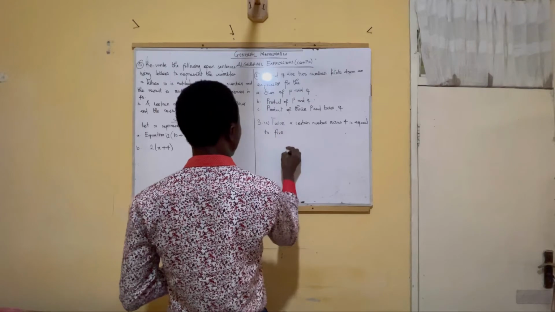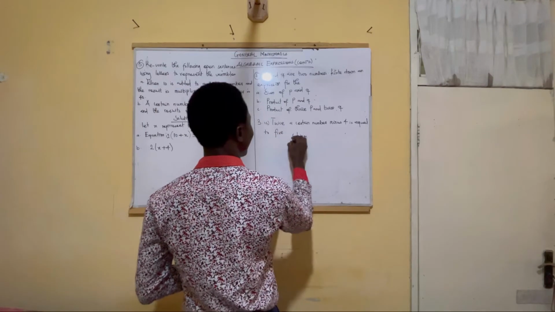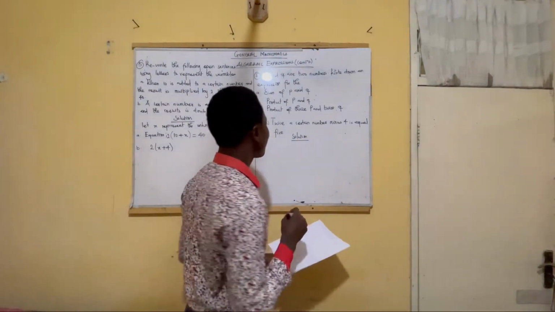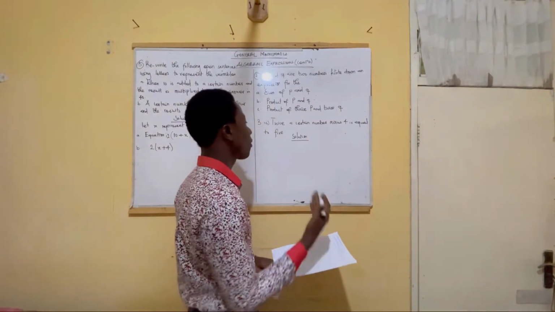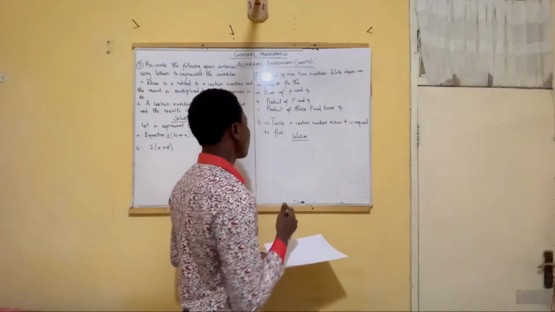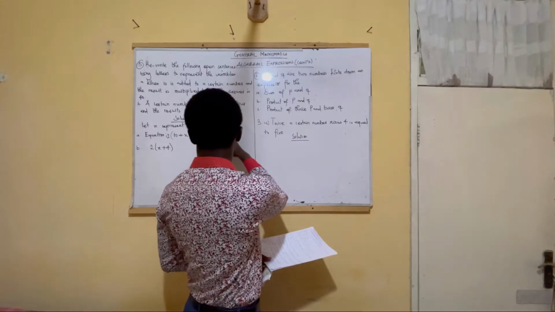This was really clear. You can pause your video and do this yourself, and then come back and check the solution. With this one, twice a certain number, we are using the same x to represent the unknown number.